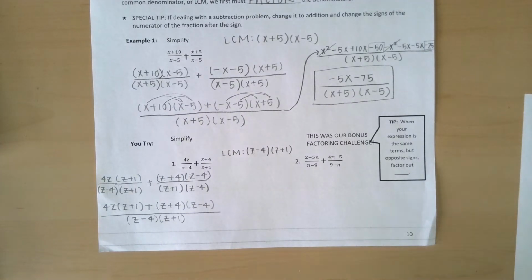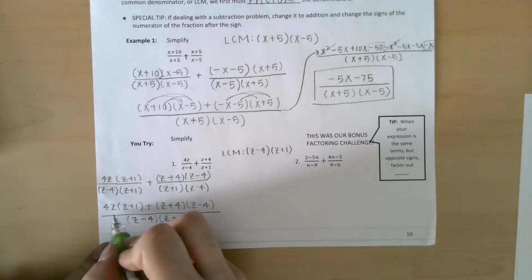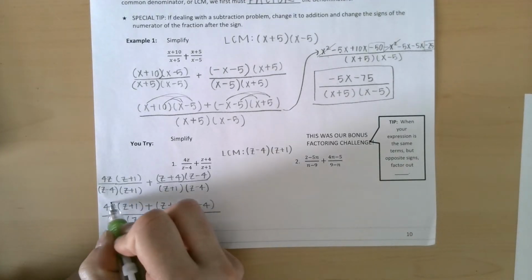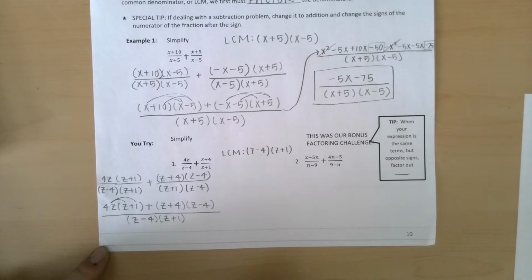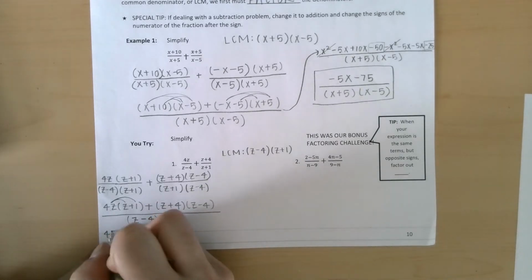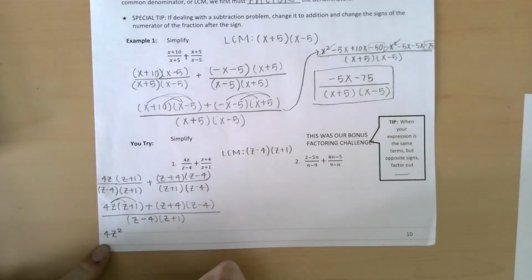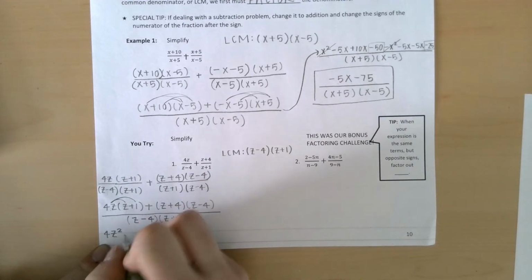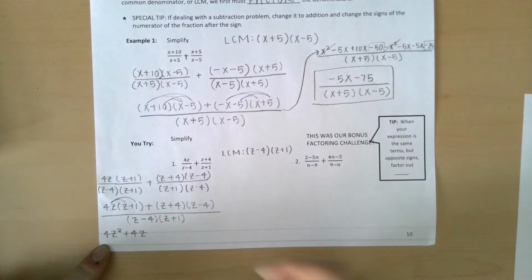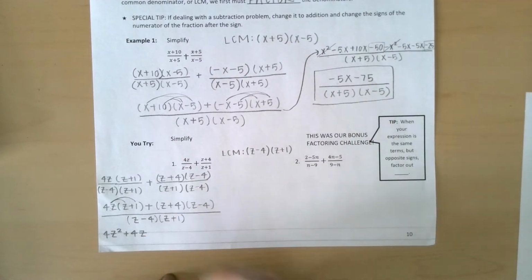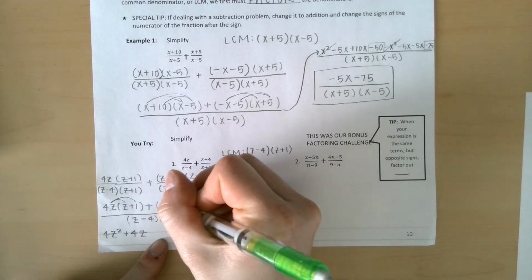Okay, again, let's go ahead and simplify on the top. So looking at this one, this 4z is going to distribute into these parentheses. 4z times z gives me 4z squared. 4z times 1 is just 4z. Two parentheses right next to each other, so we're distributing again.